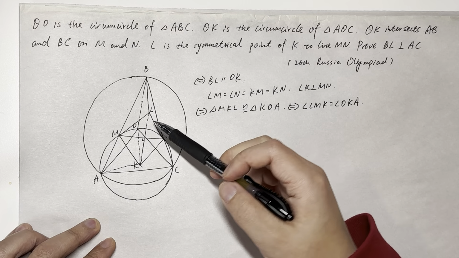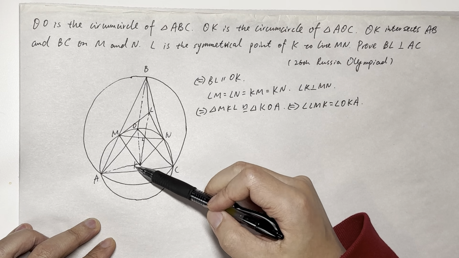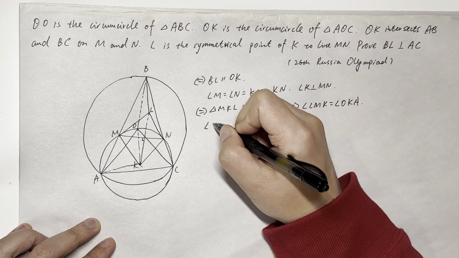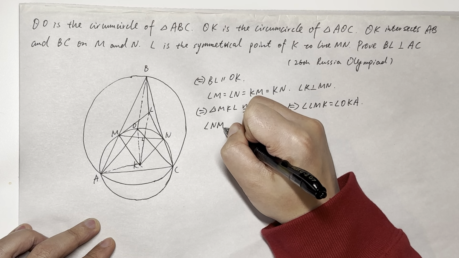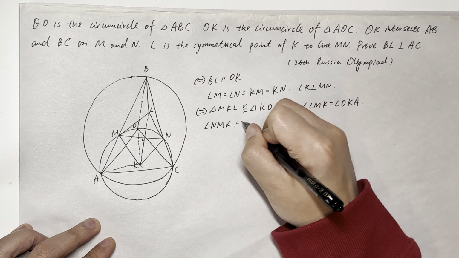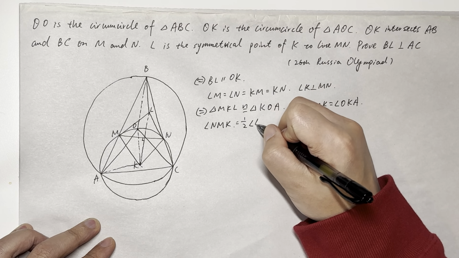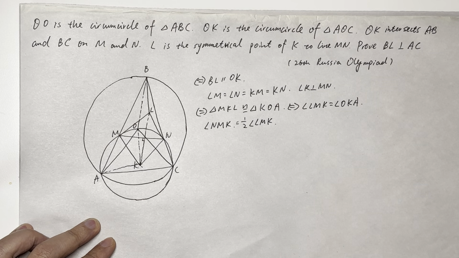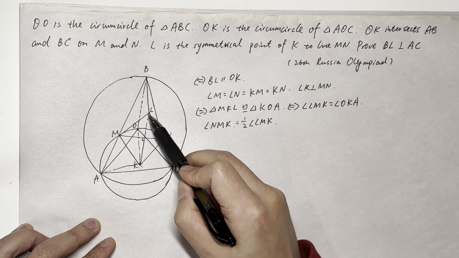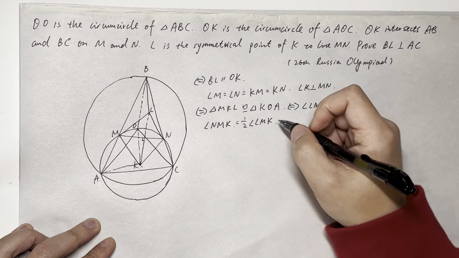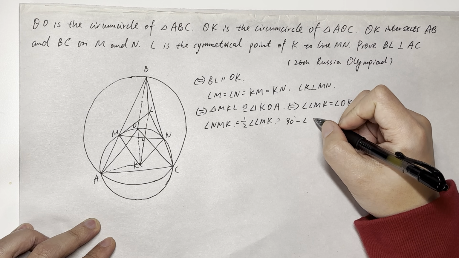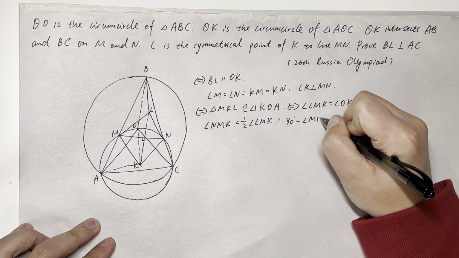So angle LMK. Let's look at angle NMK, right? Angle NMK equals half of angle LMK, right? This one is half of angle LMK, and it equals 90 degrees minus angle MKL.